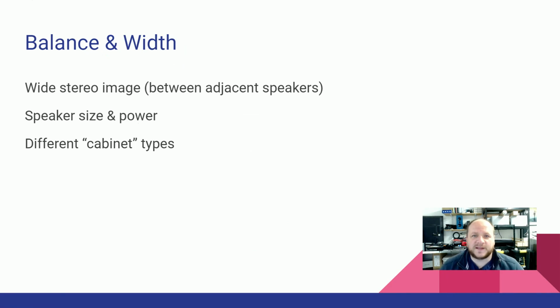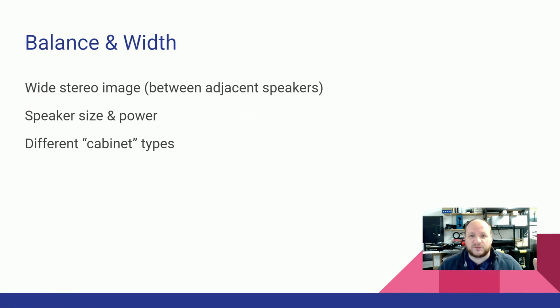So when you're placing your left and right speakers, be it the front or the surrounds or whatever, you also need to take into consideration the distance from your front speakers to your rear speakers, for instance. Because if you have your front left and right speakers only a meter or so away from your surround speakers, there's not going to be a wide stereo image between those two, and you're not going to be able to differentiate between sound that's supposed to be coming from the front and sound that's supposed to be in the surround channels.